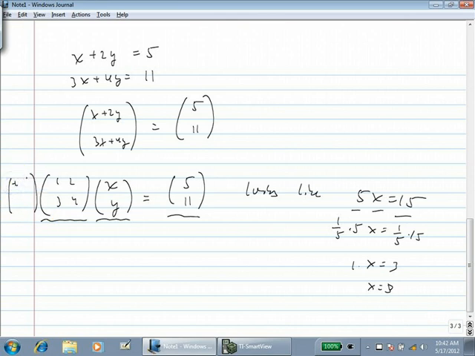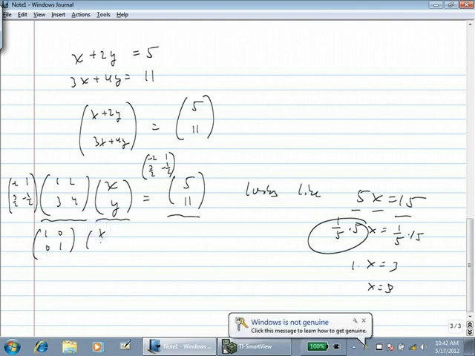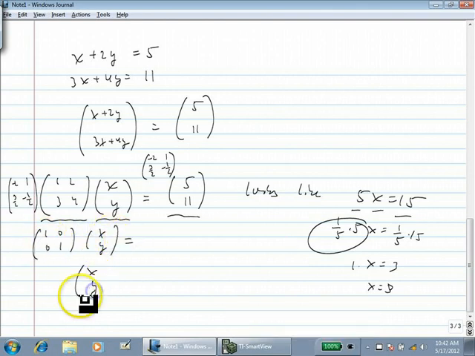I could put it on the left side of this matrix also. Just like this 5 and this 1/5 cancel out, become the number 1, in this case the inverse multiplied by the matrix it is the inverse of becomes the identity. And the identity times xy is just xy.